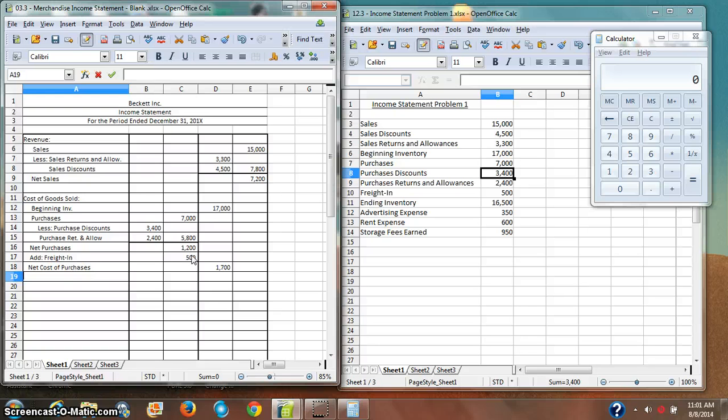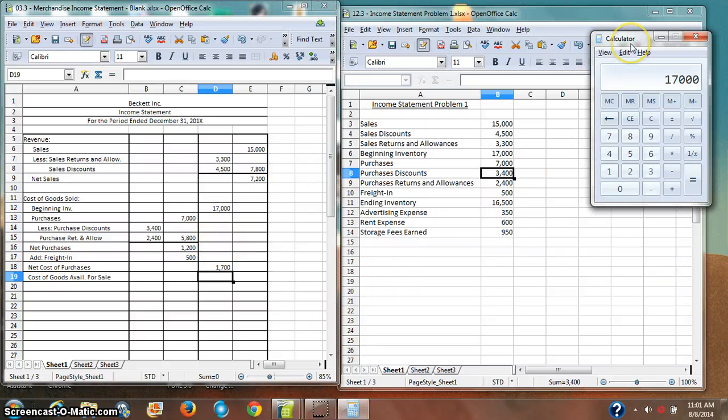And this gets me what's called the cost of goods available for sale. This is everything that I had. If I sold everything in my stock room, we sold out of everything, this is the number that we get. And we get this number through adding the initial inventory to the net cost of purchases.